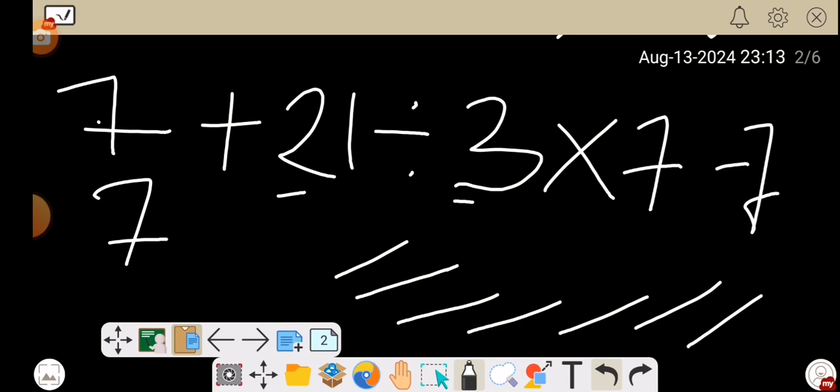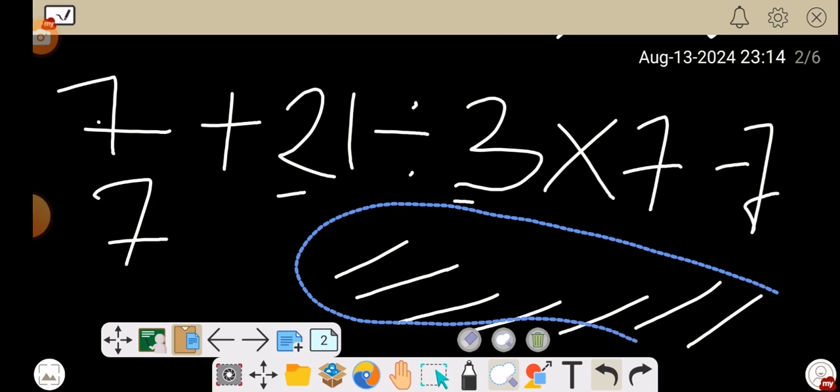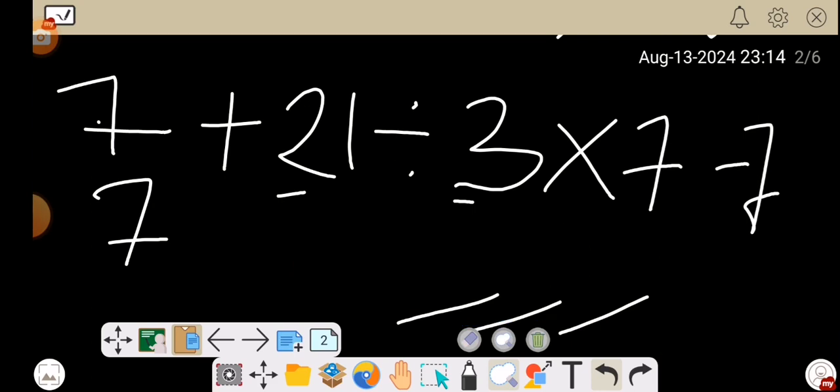So we have discovered that 3 can go 1, 2, 3, 4, 5, 6, 7 times into 21. Now that 3 can go 7 times into 21, let's write it here.